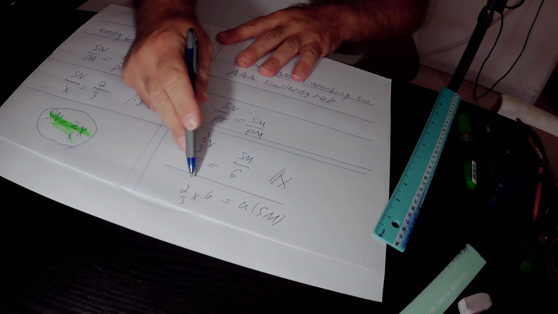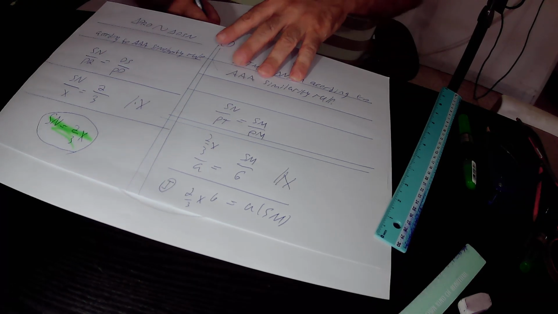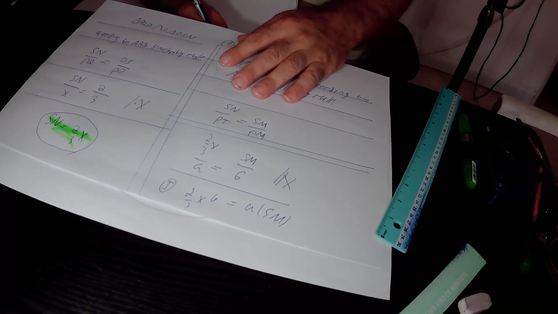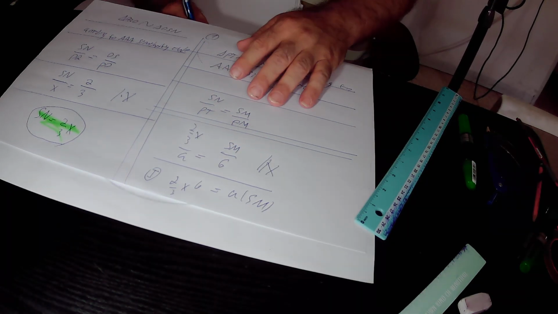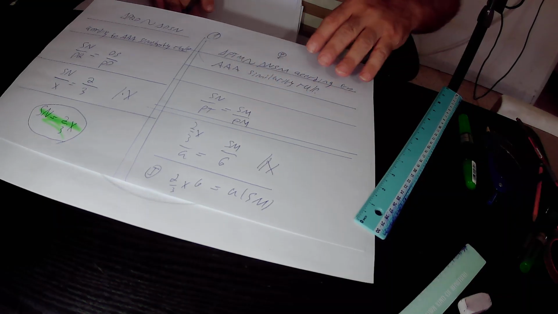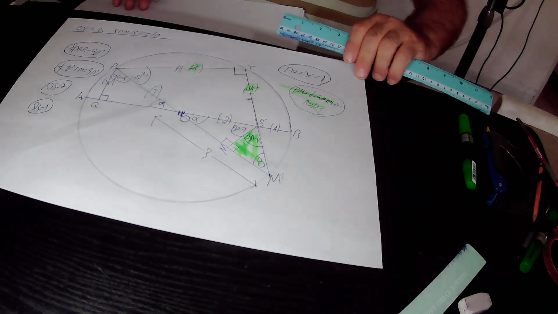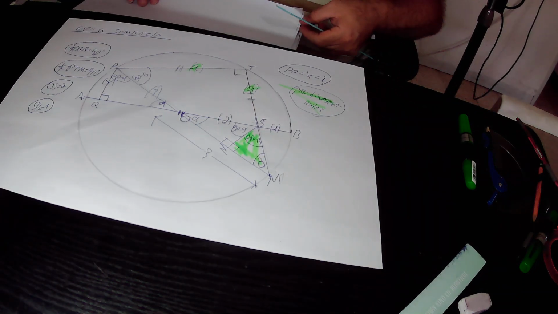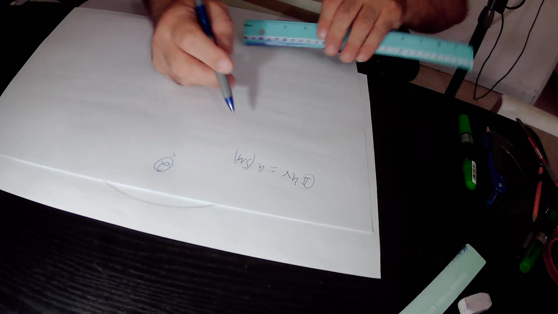So in total, on this side of the equation, equation 1, we have 4x. 4x equals A times SM. According to equation 1, 4x equals A times SM.